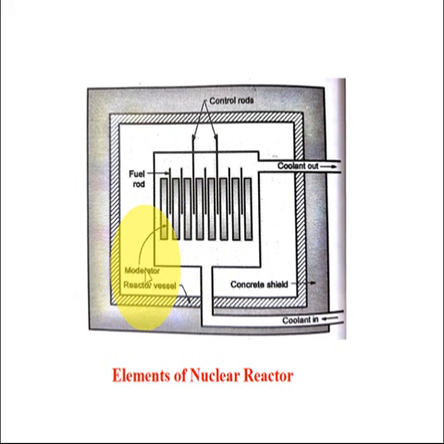Then we have a moderator, which slows down the neutron speed and guides the neutron to bombard the nucleus. Moderators typically used are graphite, and light water and heavy water are also used as moderators.